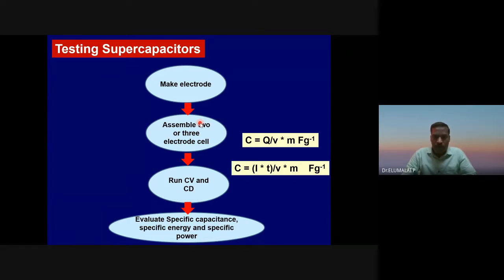Then use these standard formulas to estimate the charge discharge characteristic, capacitance, energy density, and power densities for devices, 2 electrode system. So for a 3 electrode system, you can stop at a cyclic voltammogram and a charge discharge and know whether it is EDLC or redox material. Then go for 2 electrode device fabrication.